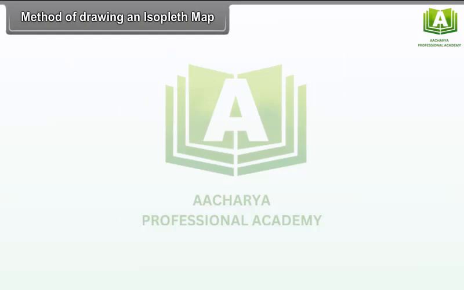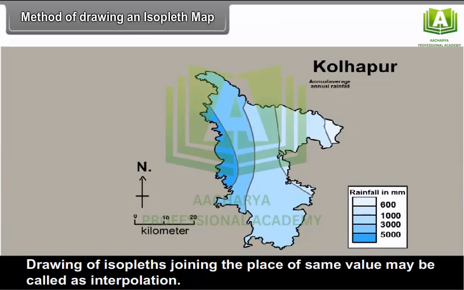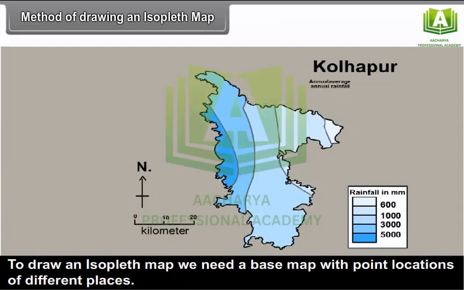Methods of drawing an isopleth map. Drawing of isopleths joining the places of same value may be called as interpolation. To draw an isopleth map, we need a base map with point locations of different places.